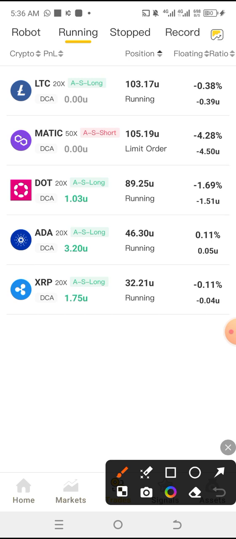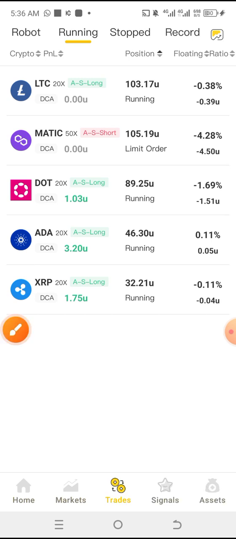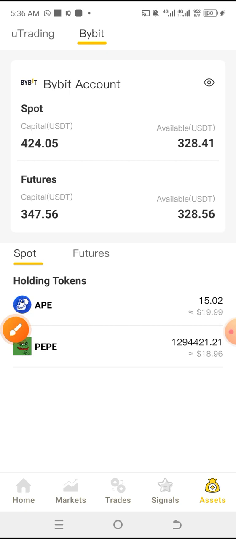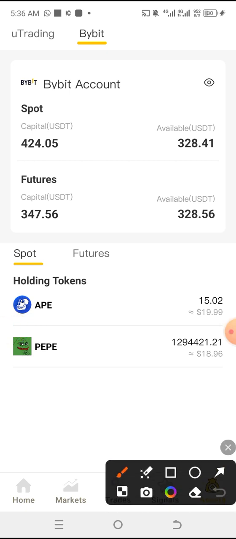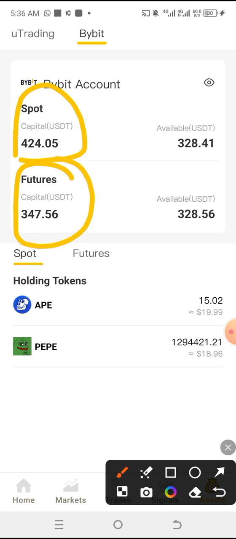If you're doing times two of what you have, for example, in this trade, like I told you earlier in my video when I was talking about limit orders, this system is having 428 right now as a total capital, while the spot has taken some, and the remaining for futures to play with is $347.